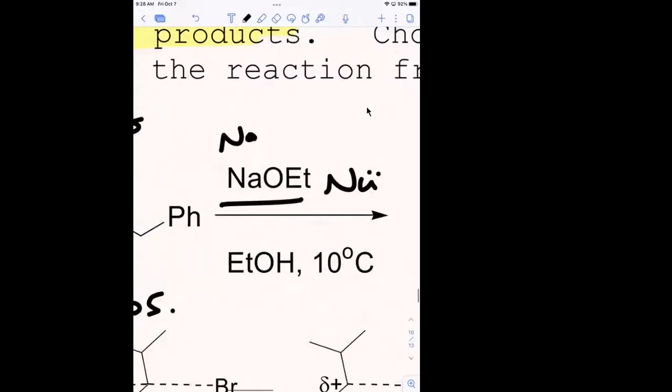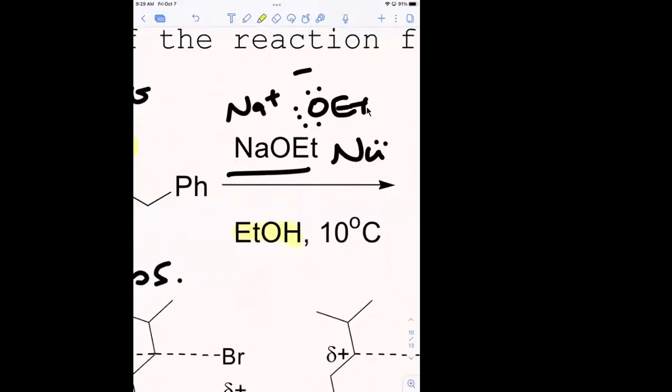This is Na plus, and then OEt minus. So it's a salt. Don't let the counter ions throw you off. The sodium will not participate in a nucleophilic substitution. It's just there to stabilize the negative charge on the nucleophile. And then we're doing this in ethanol. What type of solvent is that?